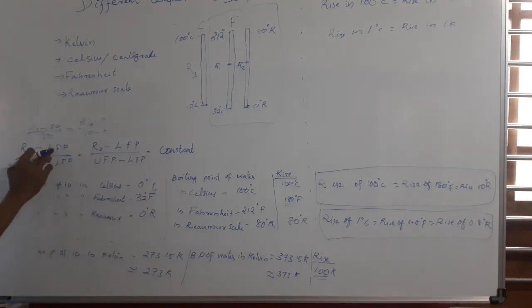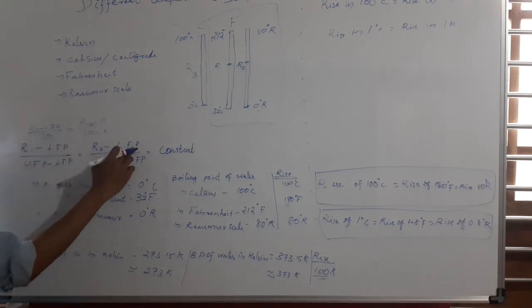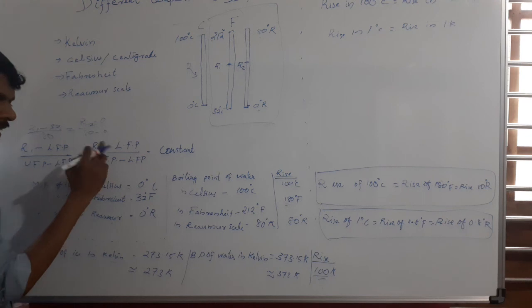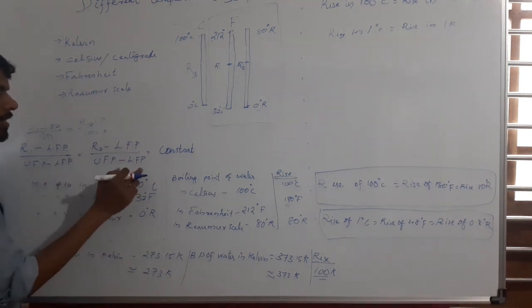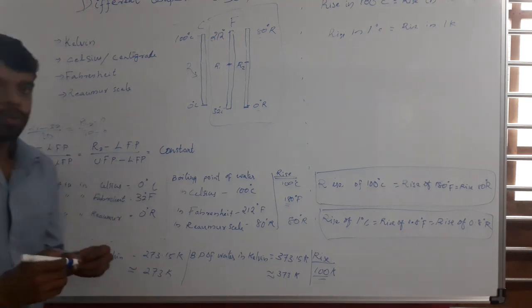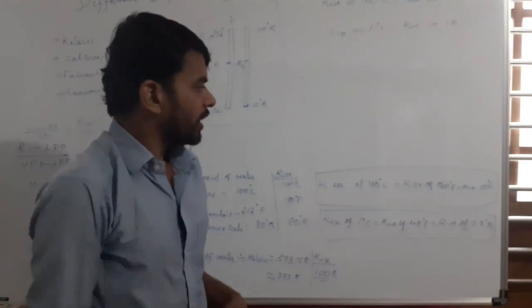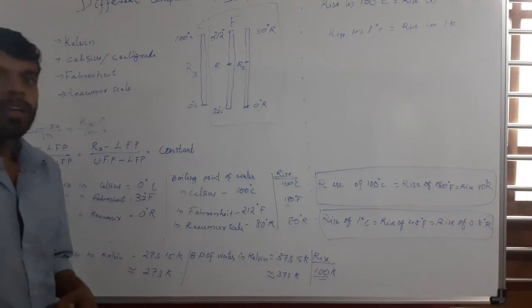Here LFP means the lower fixed point of the first scale, UFP the upper fixed point of the first scale, and again the lower fixed point of the first scale. Here LFP means the lower fixed point of the second scale, the upper fixed point of the second scale, and also the lower fixed point of the second scale. So according to this relation, you will be having questions.